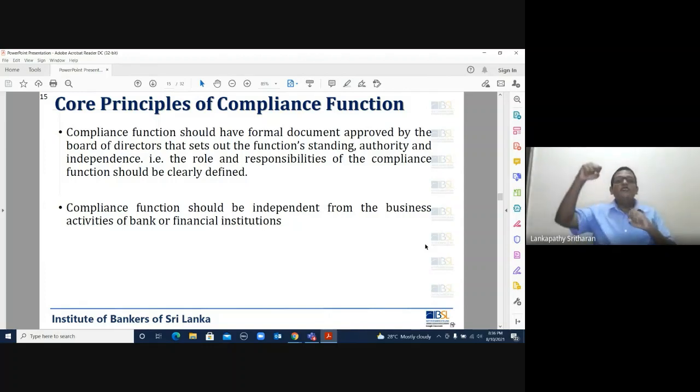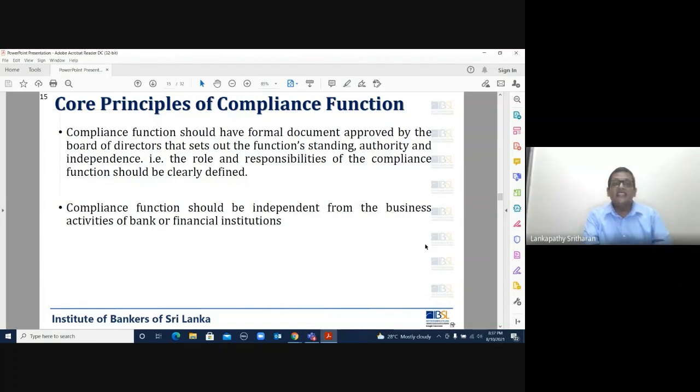The top management has to approve it, there should be a formal document, and formal authority has to be given. Normally, a senior officer will be appointed to the compliance function, because only a senior officer can ask or check with other people about compliance. So proper authority has to be given, and it should be an independent function, comparably, not 100%, but comparably independent, and the role and responsibility should be clearly defined. That is the first core principle.